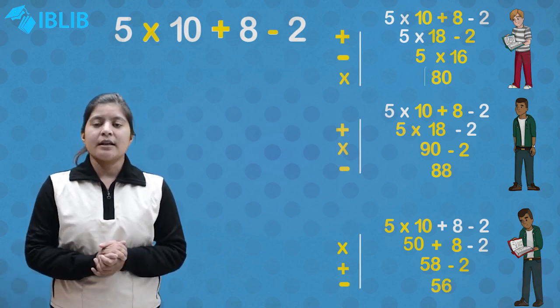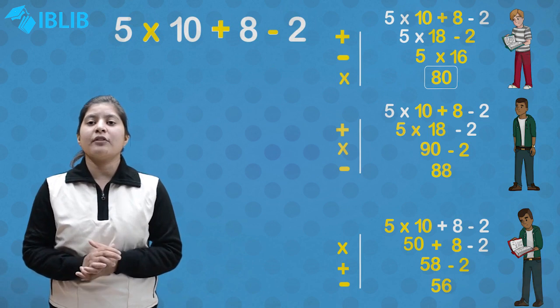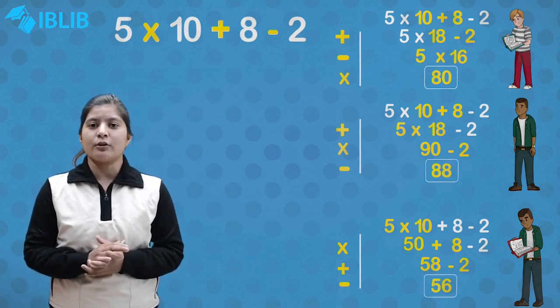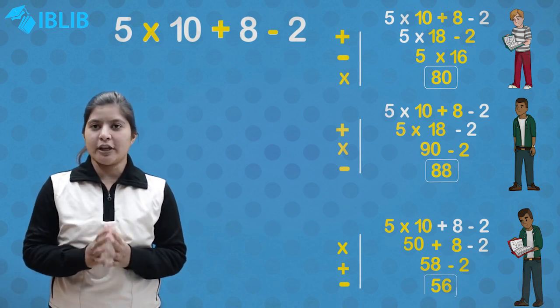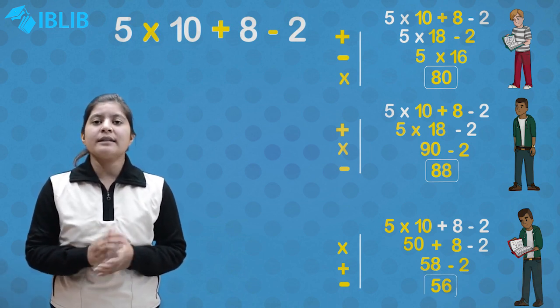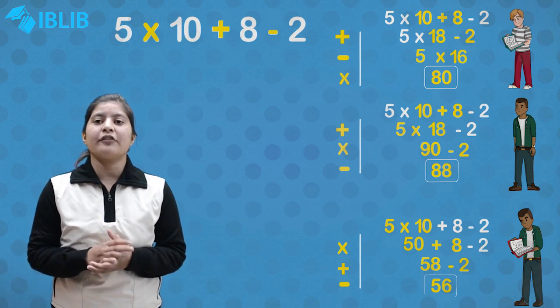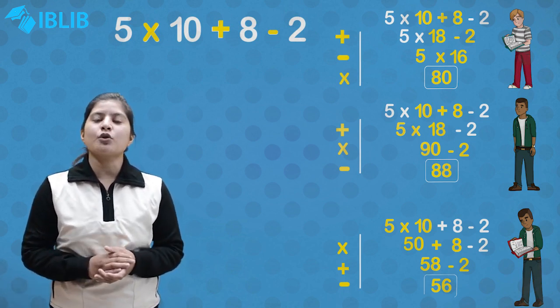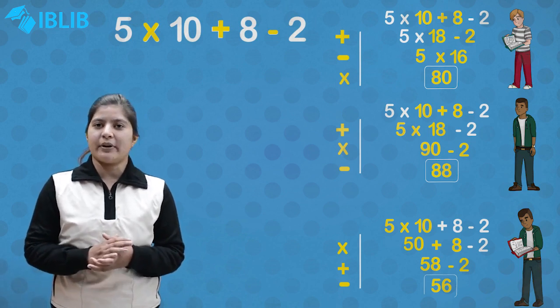Did you notice the same expression is giving three different answers, and all of you have performed the right calculation? So how can the same expression give different answers? It means the answer is coming different because of the order of performing these operations.